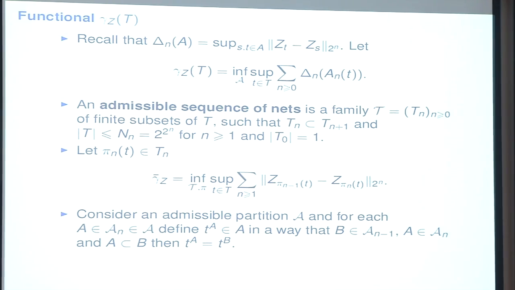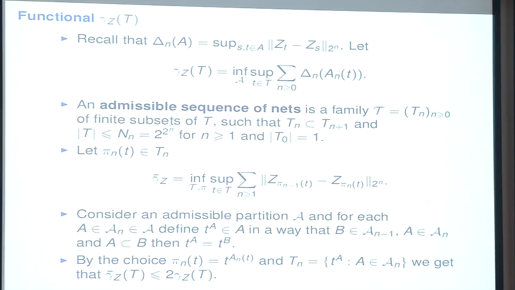So, if a partition is nested, we can produce the admissible nested sequence of subsets, and now if we project exactly on this element, and collect in the set Tn the family of all possible points of this type, then we will see, using this small requirement of hypercontractivity, that gamma bar is always dominated by gamma z.